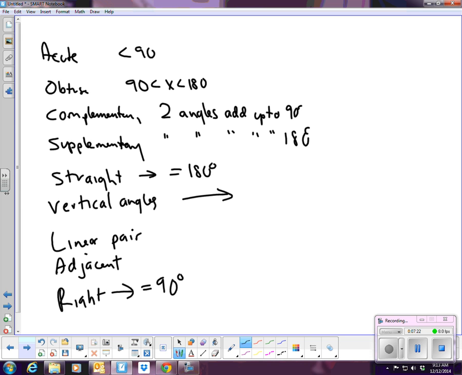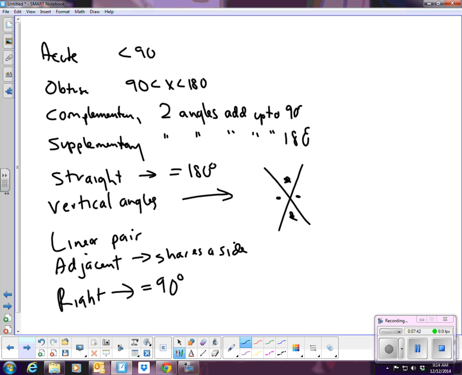Vertical angles, the simplest way I can draw that is if I have two intersecting lines, the angles straight across from each other are vertical. So the top and bottom would be vertical, the left and right would be vertical. Adjacent just means shares a side.